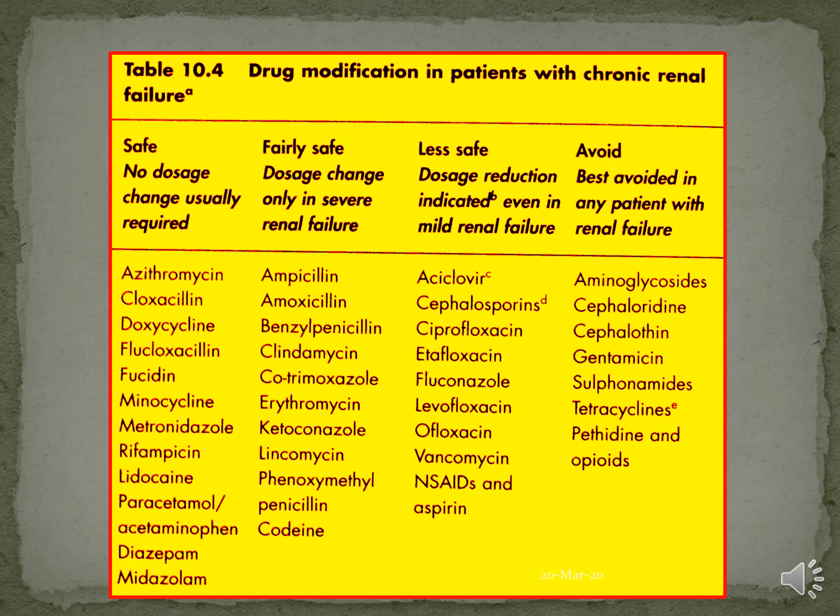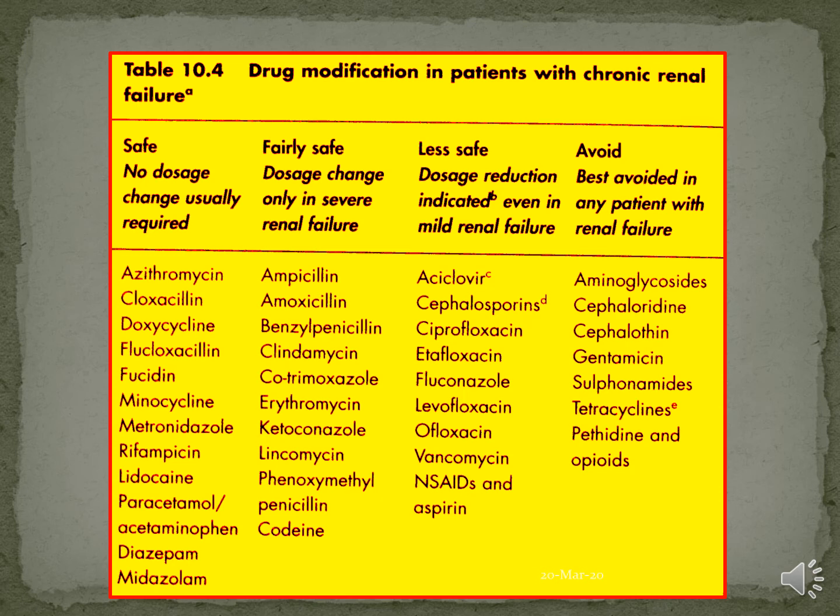So this will increase the chance of gastrointestinal bleeding and its adverse consequences. So we have to be very careful in prescribing NSAIDs. Dosage reduction is indicated even in mild renal failure.